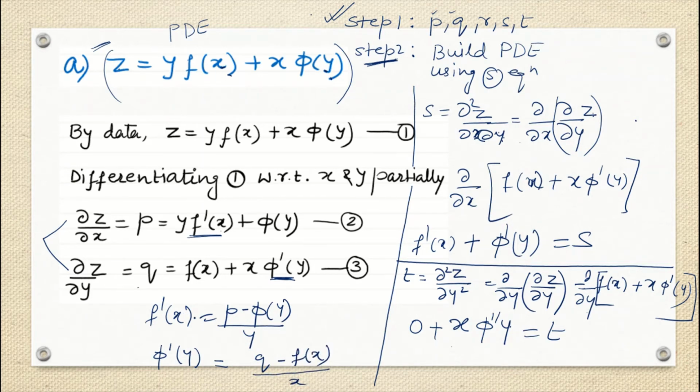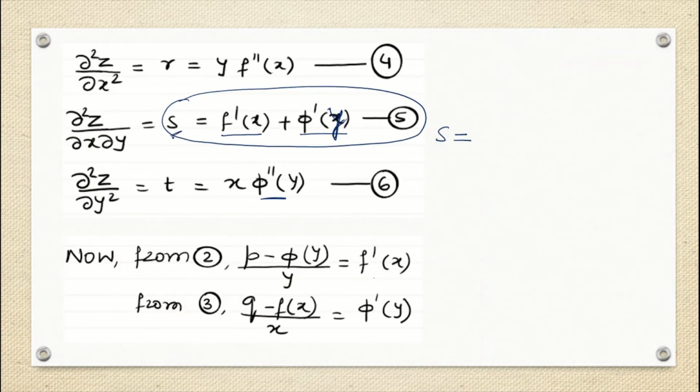So these two equations we can use to put in the equation for s. Moving forward in this manner, s equals p minus φ(y) divided by y, because this is my f'(x), and then plus φ'(y), which is q minus f(x) by x.